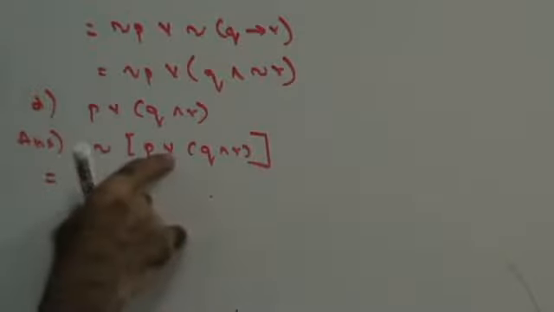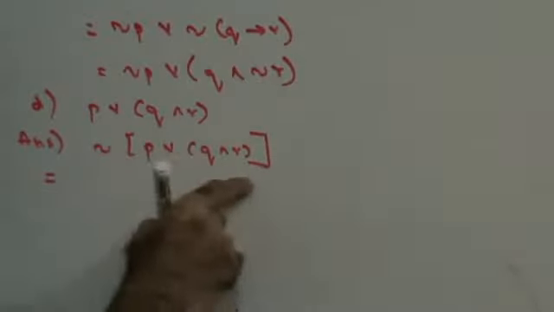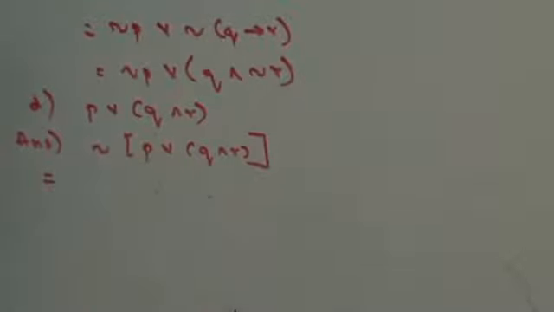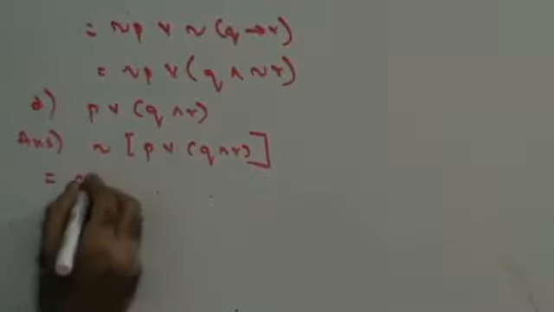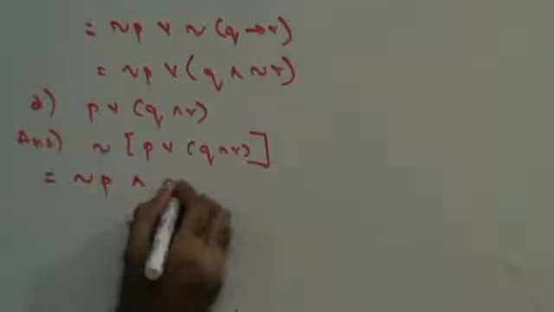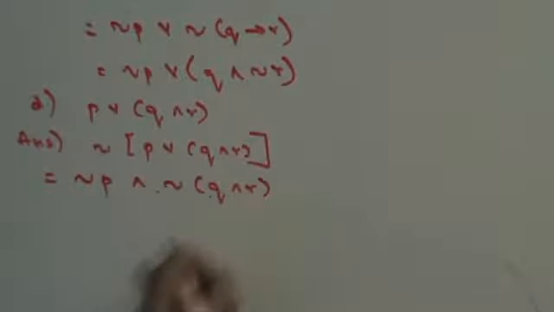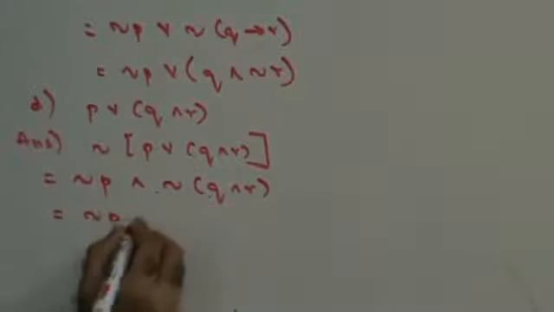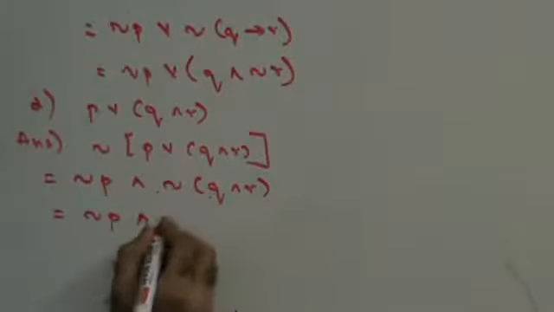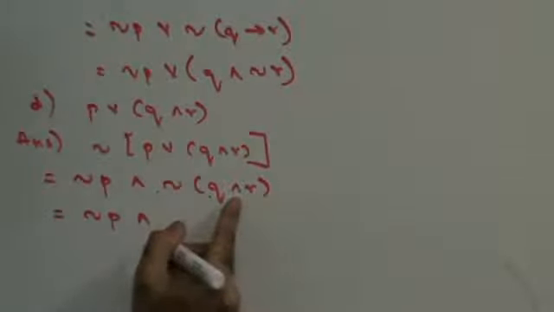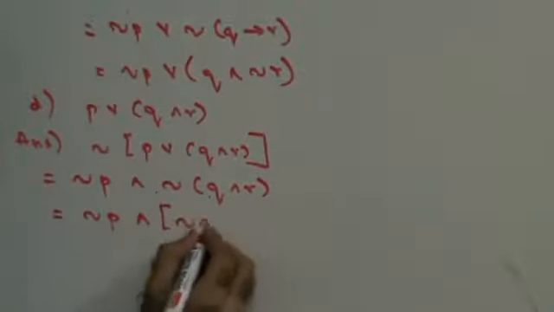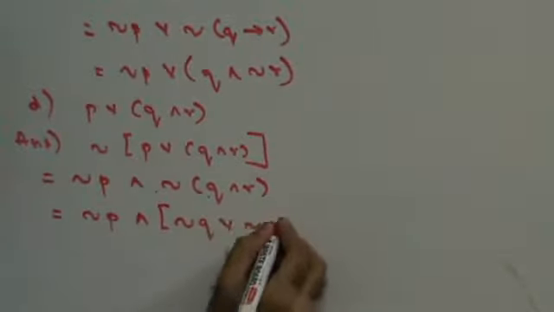Whenever you have negation of OR, it is negation of first condition and negation of second condition. Negation of P, and open the bracket. Now when you have AND function, not of AND function is negation of first condition or negation of the second condition.